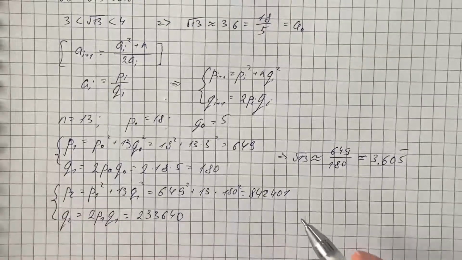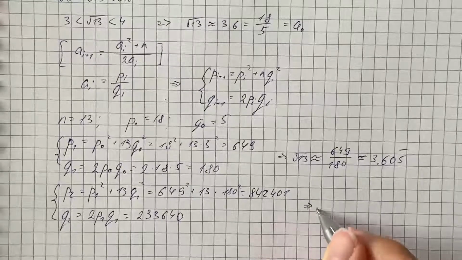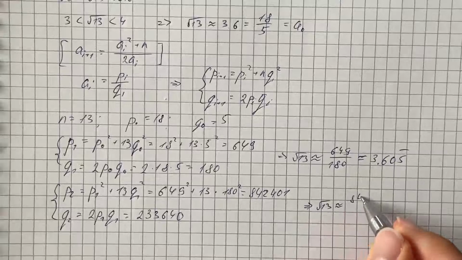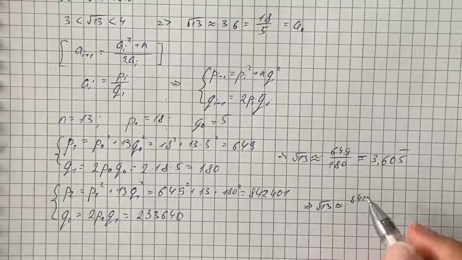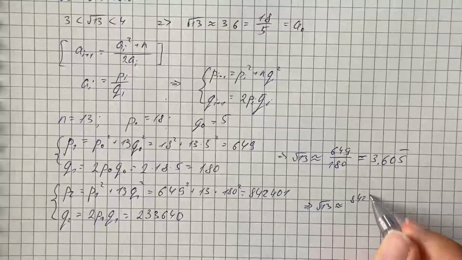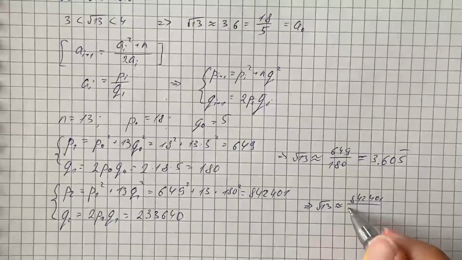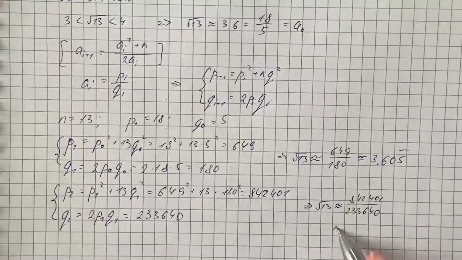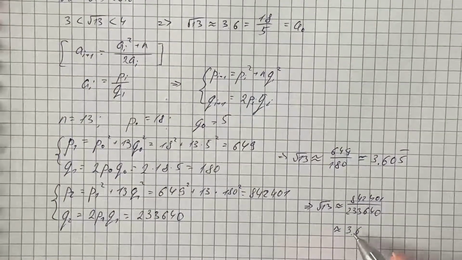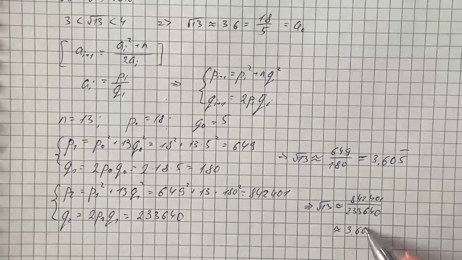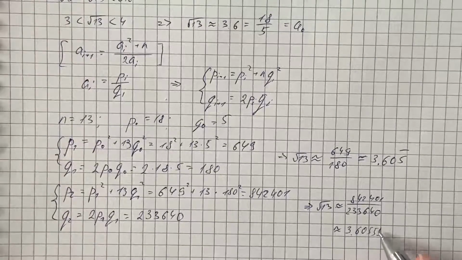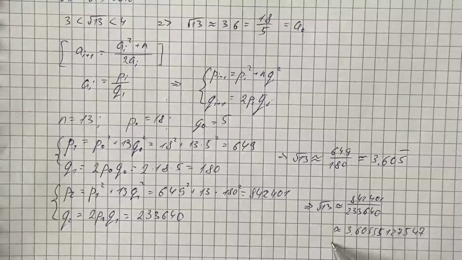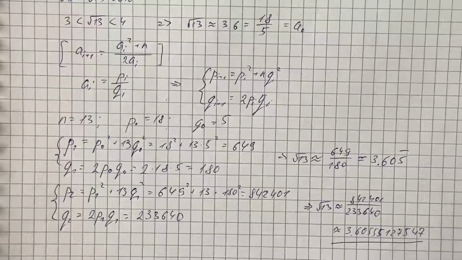So now our approximation is that square root of 13 is near 842,401 over 233,640, which gives us 3.60555127547. So that's the value of square root of 13.